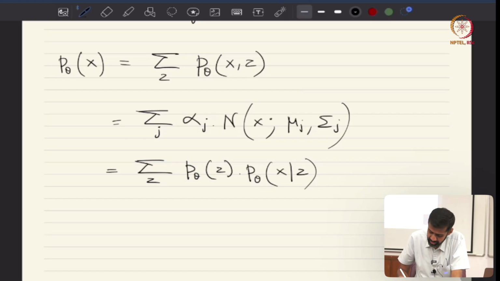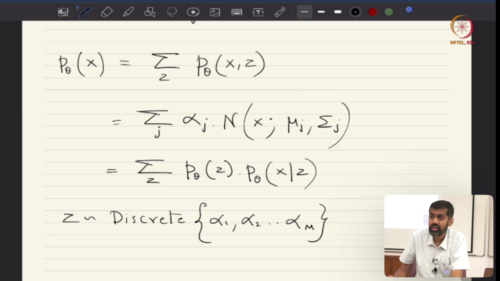We can model z to be a discrete distribution, okay, with parameters alpha 1, alpha 2 up to alpha m. Remember we just saw a discrete distribution, right? So z is a discrete random variable in this particular case which can take values 1 to m with probabilities alpha 1 through alpha m.